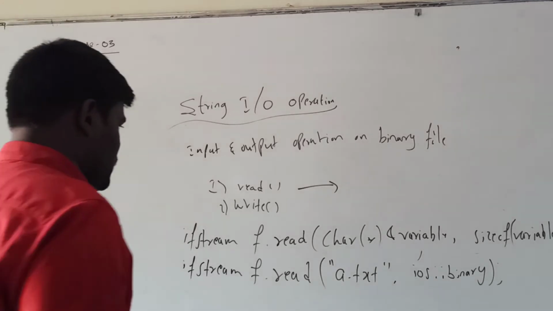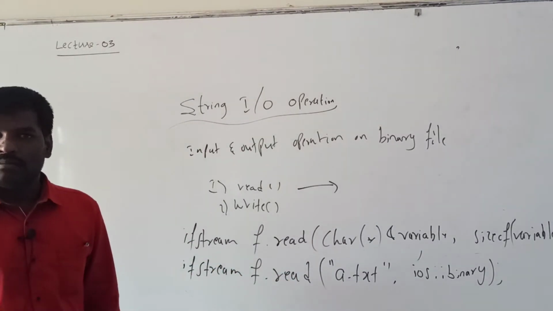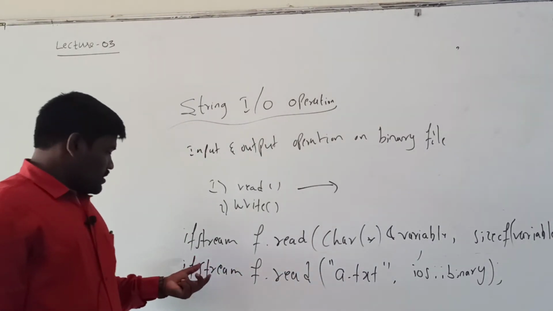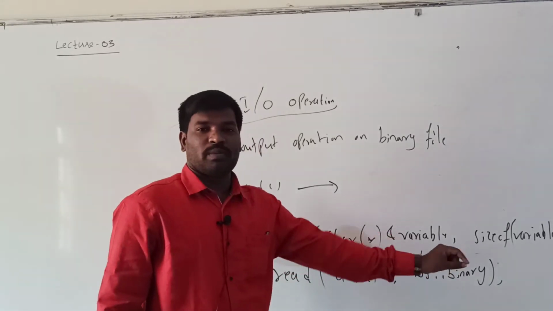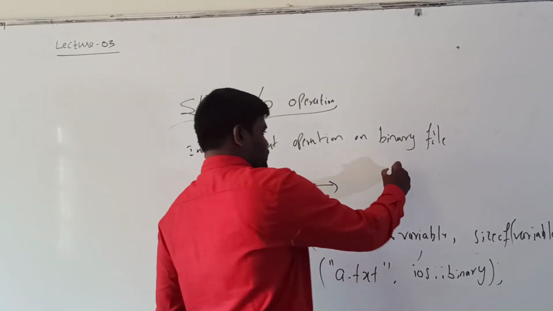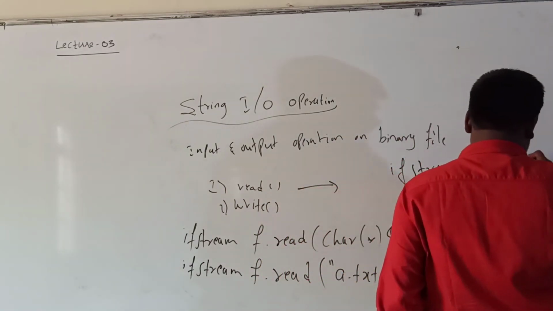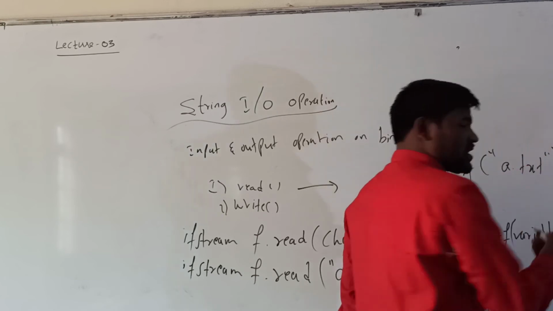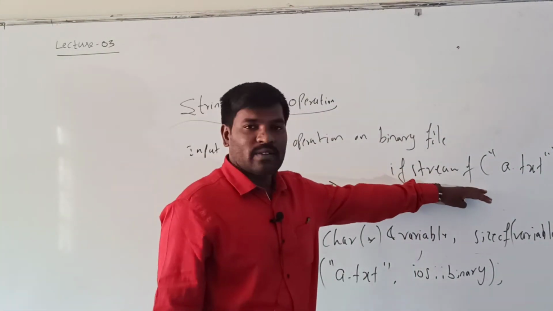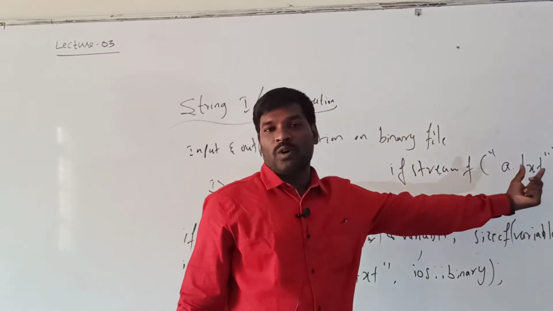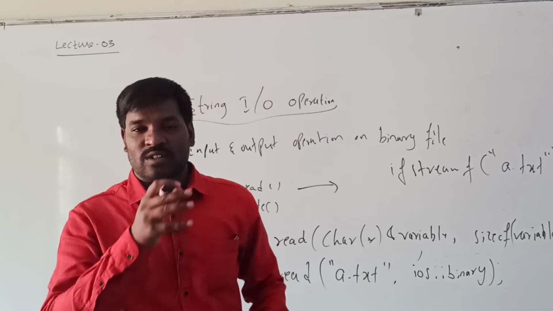comma, ios scope resolution of binary. So first we can write this one, because suppose if you do not mention ios scope resolution of binary, then simply I can write ifstream f in the bracket of a dot txt, like a normal function. So whatever object you created with the help of the file name, it is applied to the normal text file, not the binary.